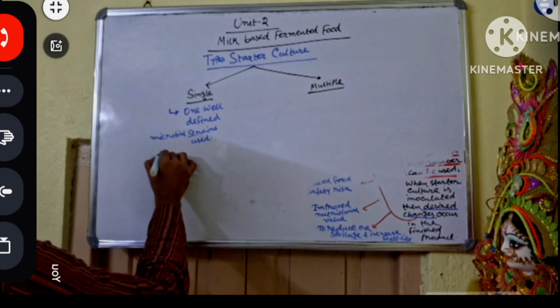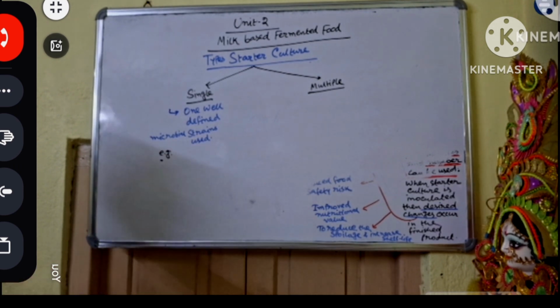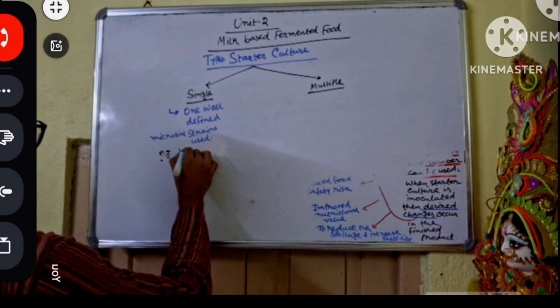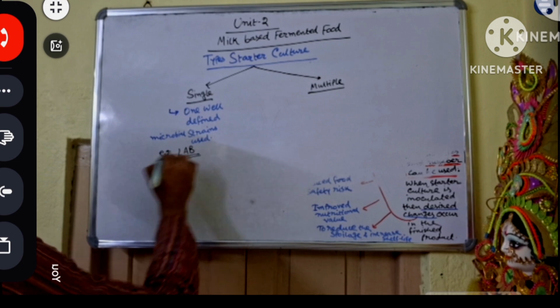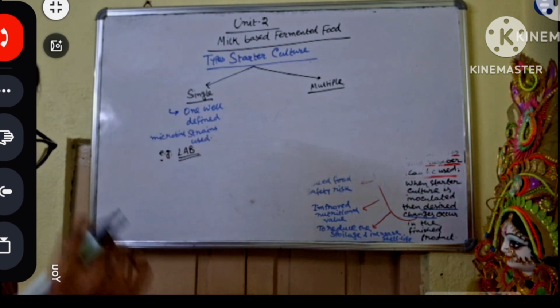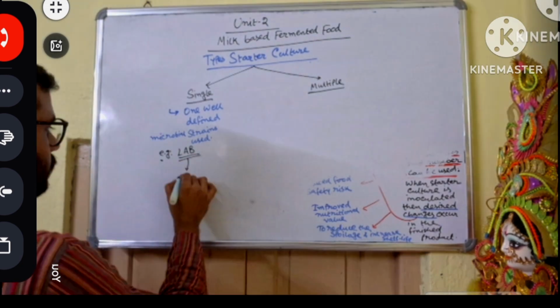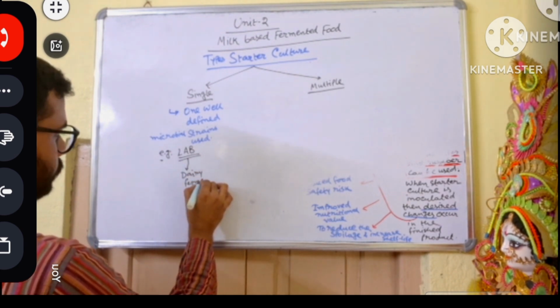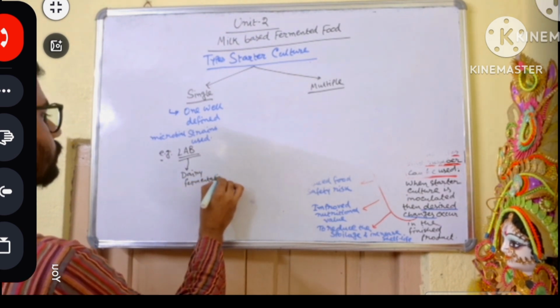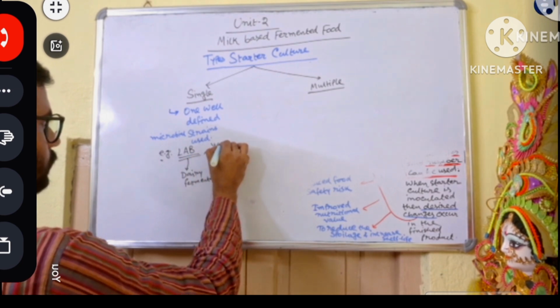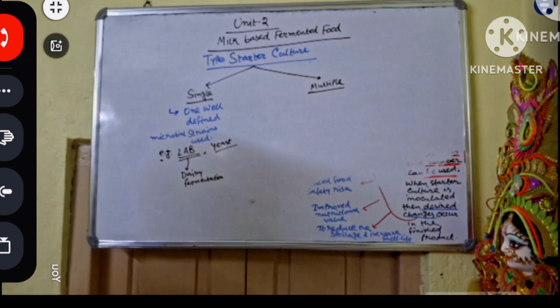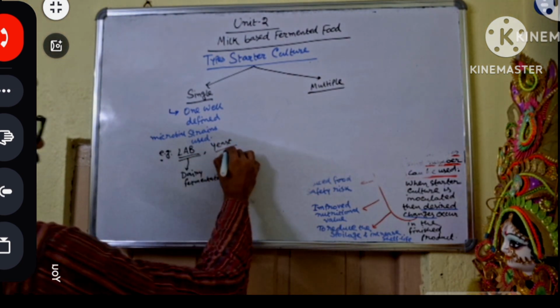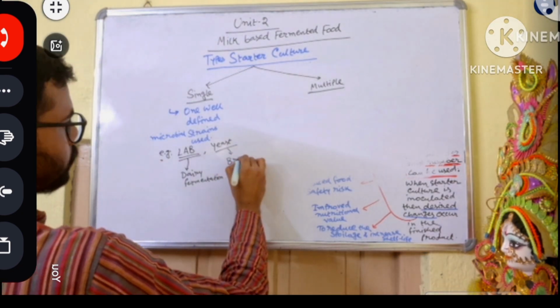Single starter culture is used in dairy fermentation. Lactic acid bacteria are a single starter culture used in dairy fermentation. Yeast is a single starter culture used in the brewing industry and baking industry.